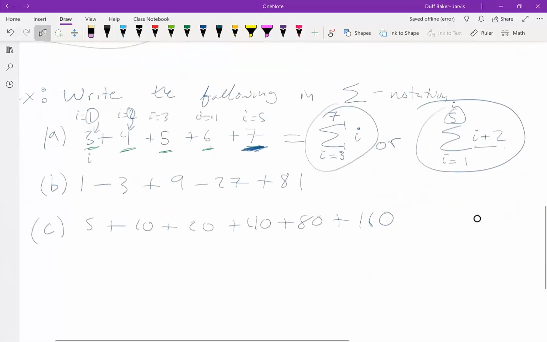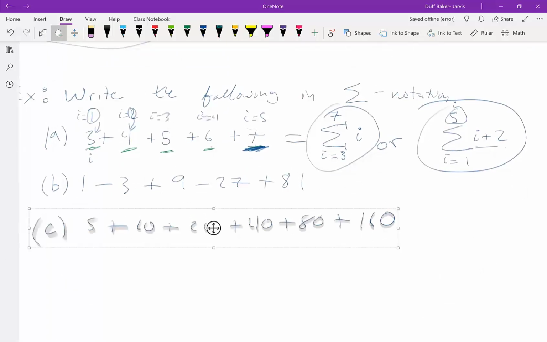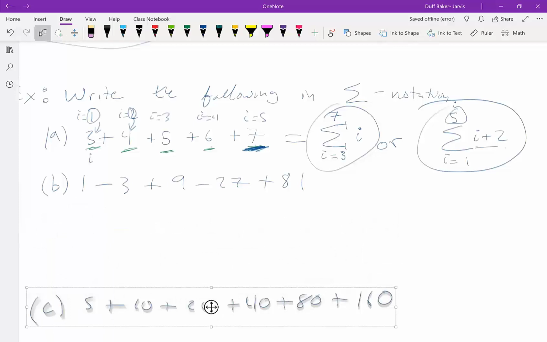Let's try the next one. Let's move this down a little. So this one has a different pattern, right? Each time I go to the right one term, the number gets multiplied by 3, and it switches signs, right?